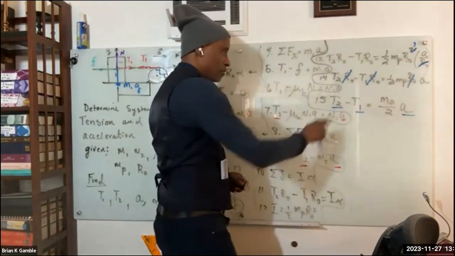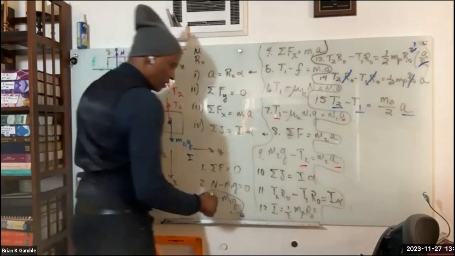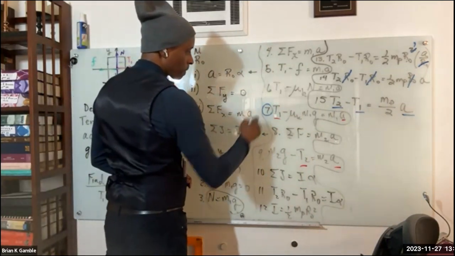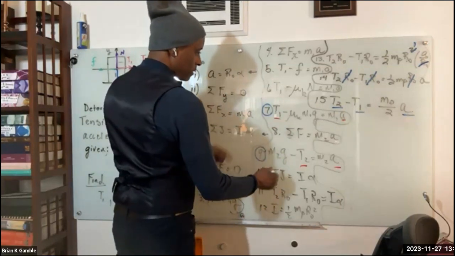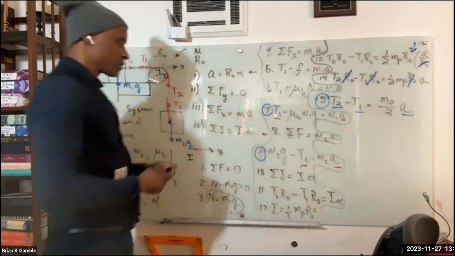So I've got 3 unknowns, T1, T2, A, and 3 equations that I'm going to use to solve, namely equation 7, equation 9, and equation 15. I can solve those simultaneously.